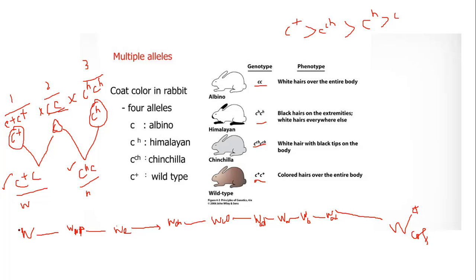So if you look, there are 1, 2, 3, 4, 5, 6, 7, 8, 9, and 10 alleles only for the eye color in Drosophila.